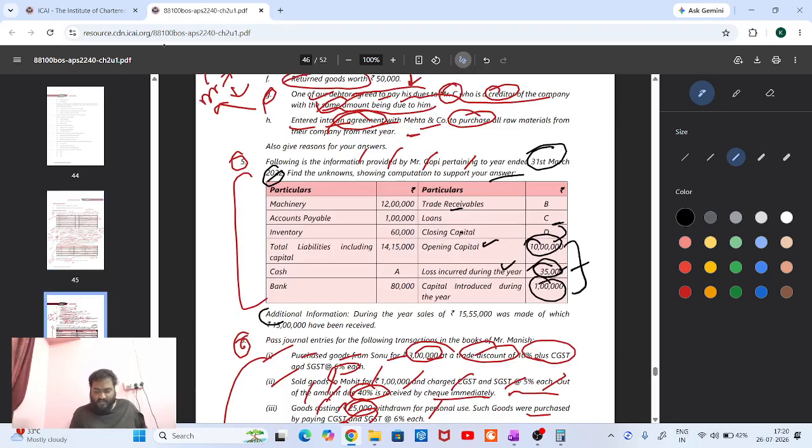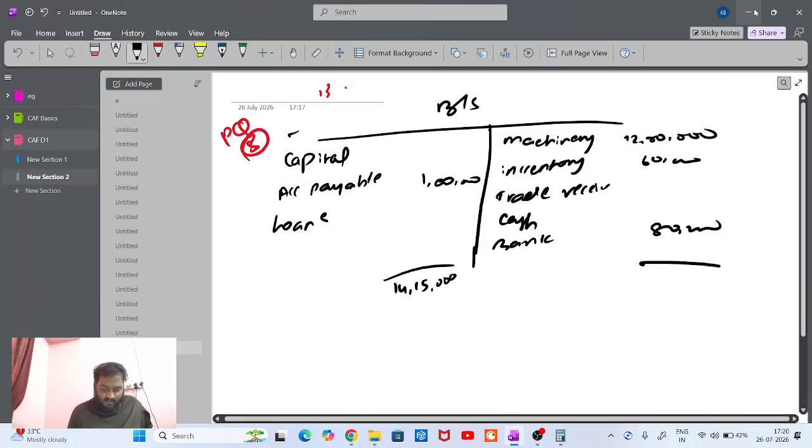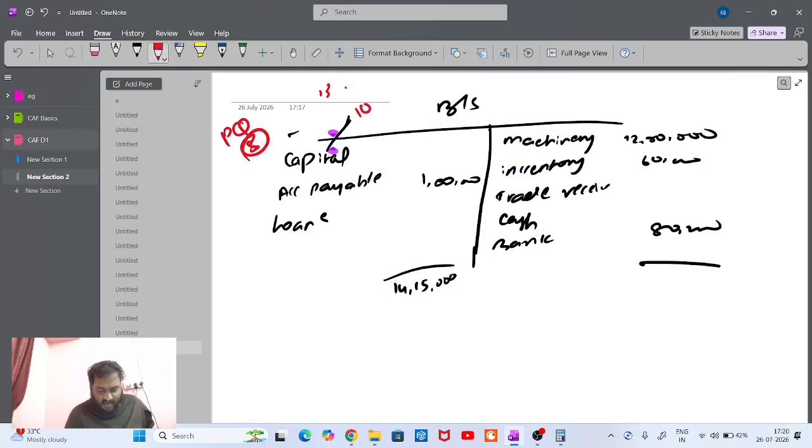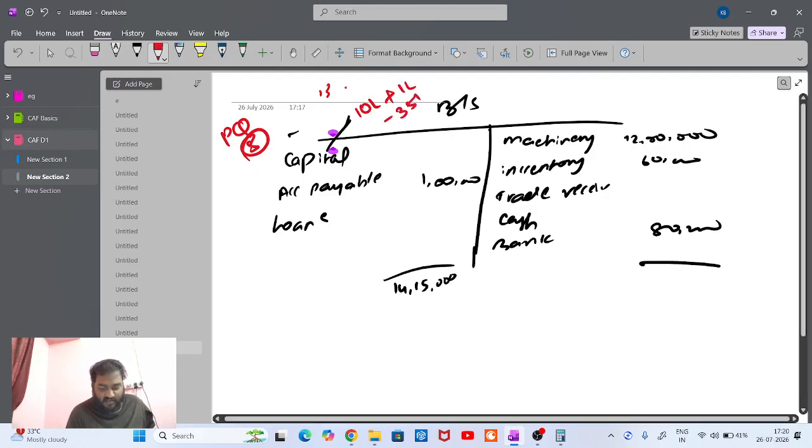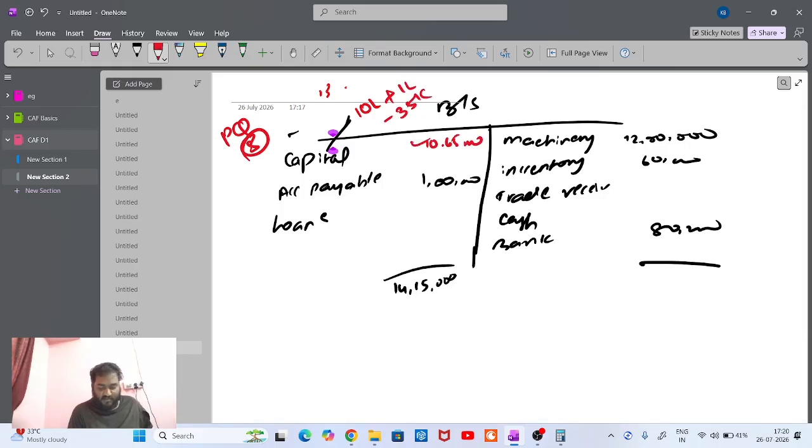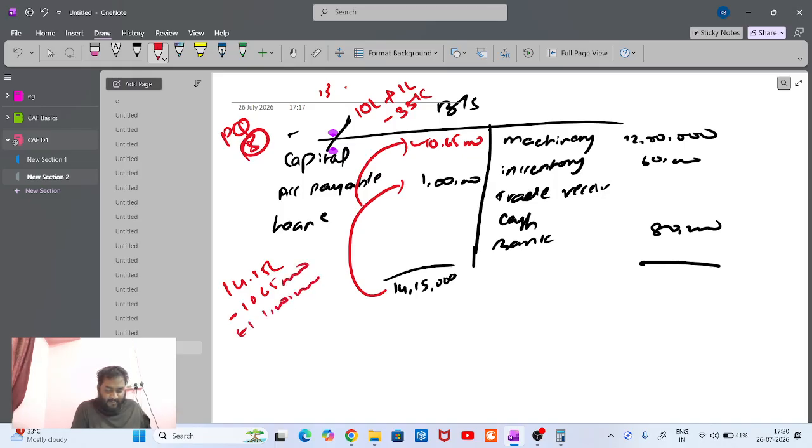So 10 lakh plus 1 lakh minus 35,000. 10 lakh is the opening capital, plus 1 lakh is the capital introduced during the year, minus 35,000. This is 10 lakh 65,000. This value is given, so this minus this: 14.15 lakh minus 10 lakh 65,000 minus 1 lakh is the balancing figure of 2.5.